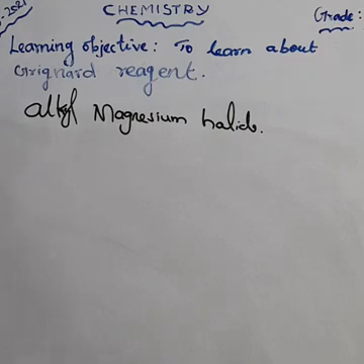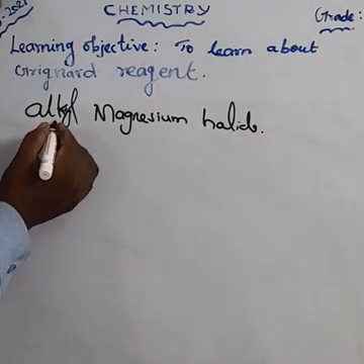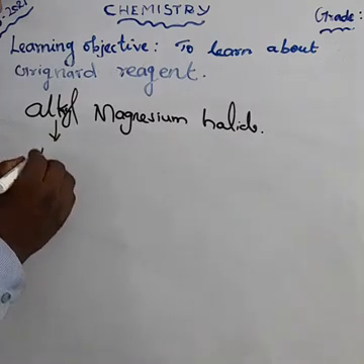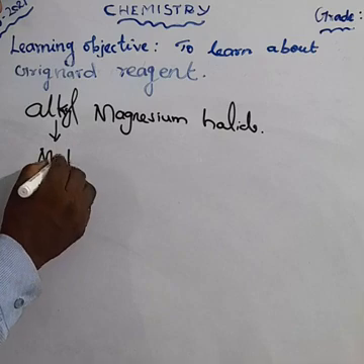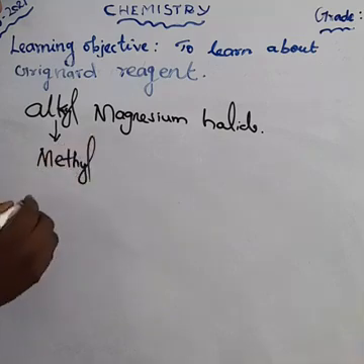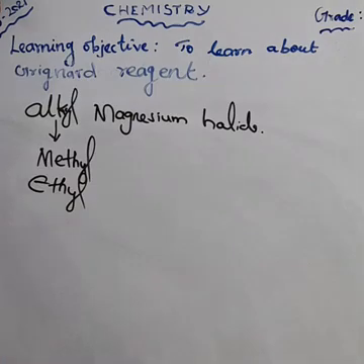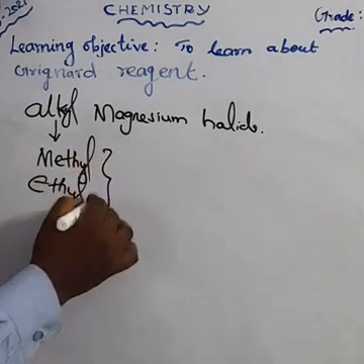That is, organometallic halides are called Grignard reagent. For alkyl, all of you know we say ethyl, methyl, propyl, etc. Magnesium is a common metal.